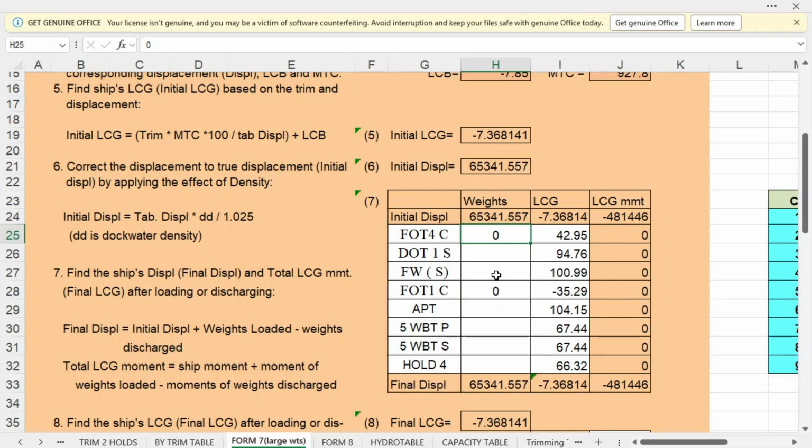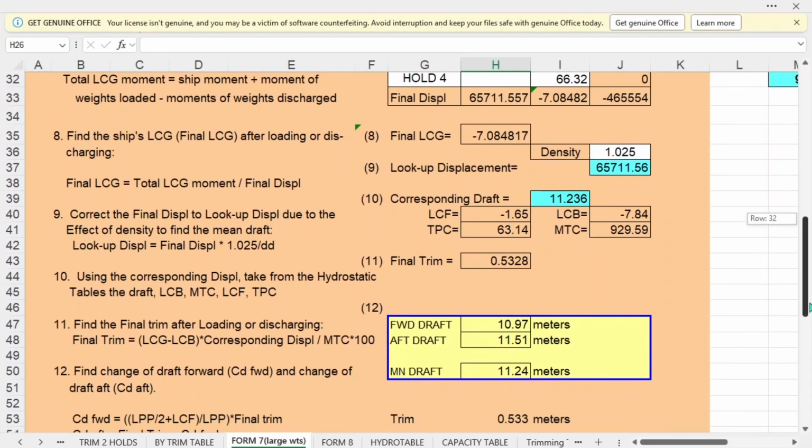That will be positive 370 because you shifted it there, and your final draft forward will be 10.97, aft draft will be 11.51, your mean draft is 11.24, and your trim will be 0.533.